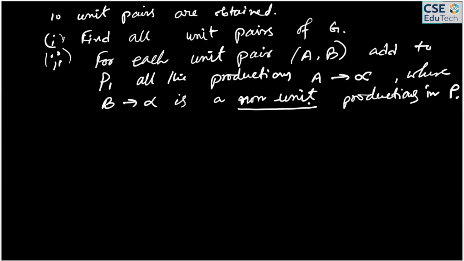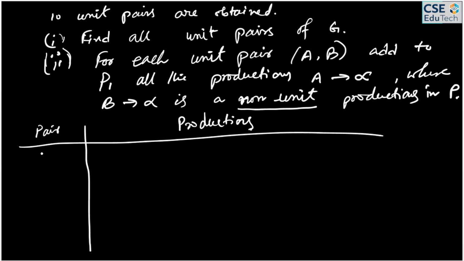By using these two concepts, number one, we first find all the unit pairs, and then for each of the unit pairs, we add all the productions of the form A to alpha, where B to alpha is a non-unit production. So now by using these two concepts, we can create a table like this, pair, and here are the productions.